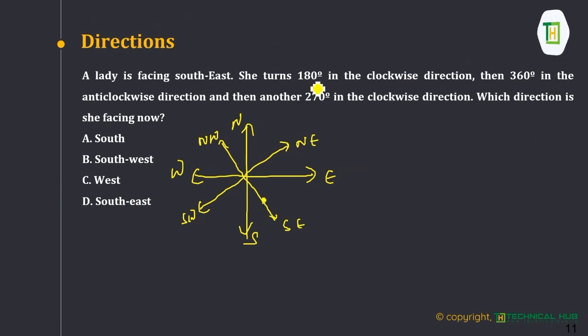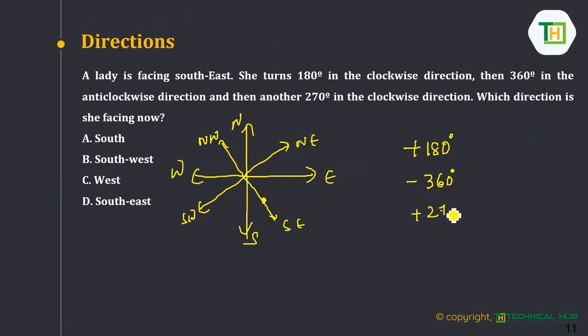She turns 180 degrees in the clockwise direction, so plus 180 degrees. Then 360 degrees in the anti-clockwise direction, meaning minus 360 degrees. And then 270 degrees in the clockwise direction, plus 270 degrees.